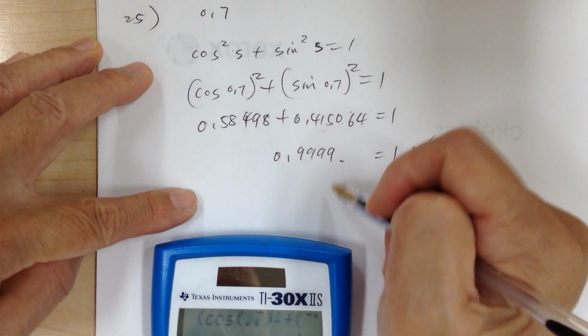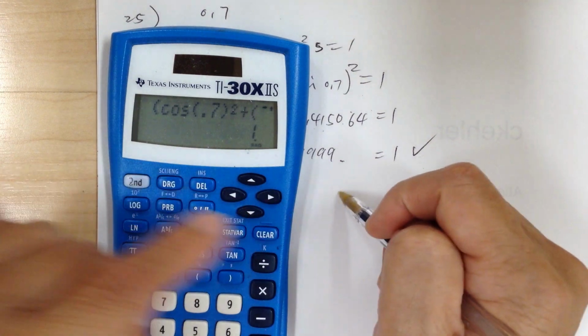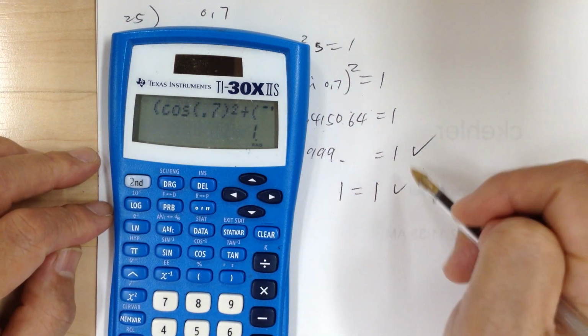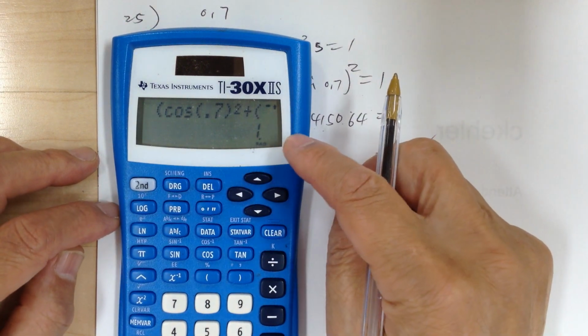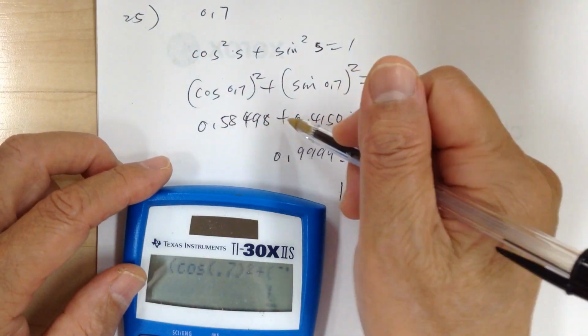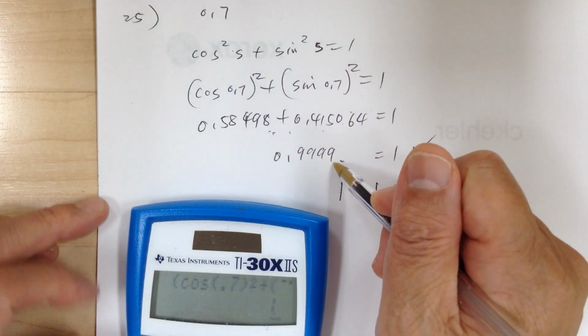You can see that it equals 1. So if you just type out the whole thing, the calculator will save the digits. If you write it down, you're going to miss some digits and be off by a little bit.